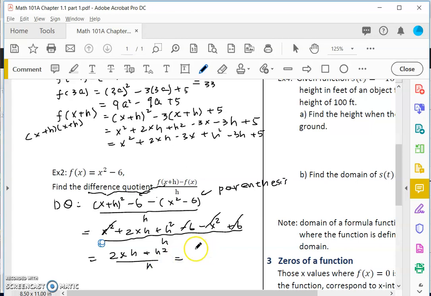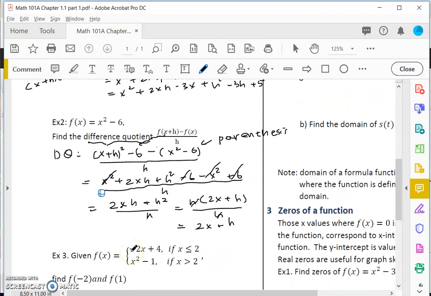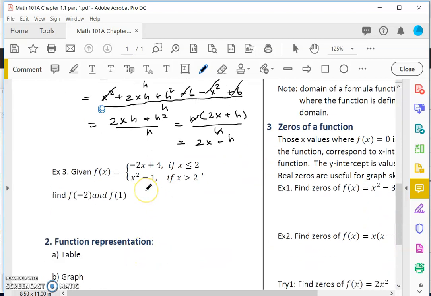And if you notice, both of the terms in the top have this h that we can factor out, so it's h times 2x plus h over h, and they cancel, so the final answer is 2x plus h. Okay, so this is just evaluating a function.